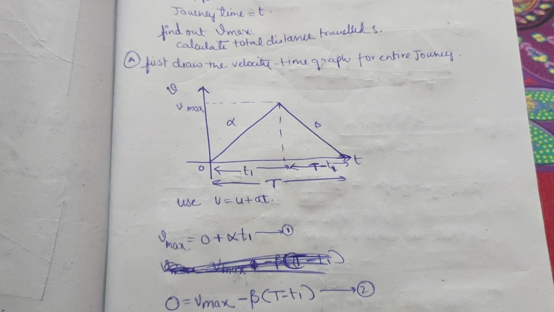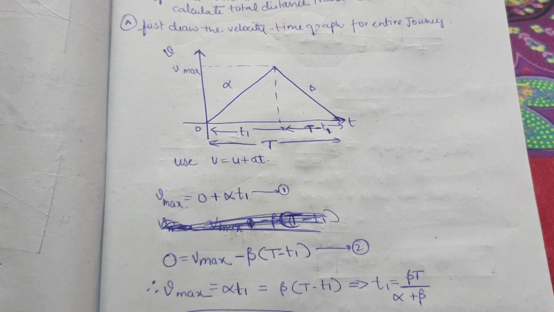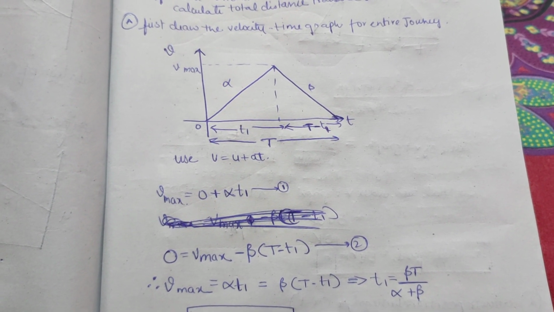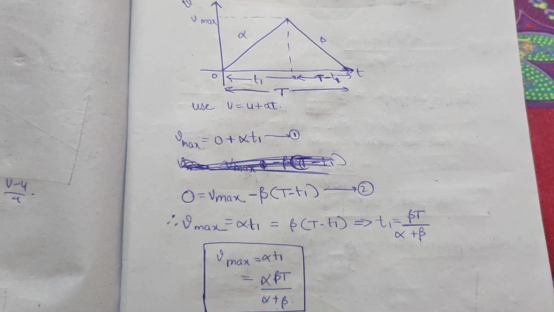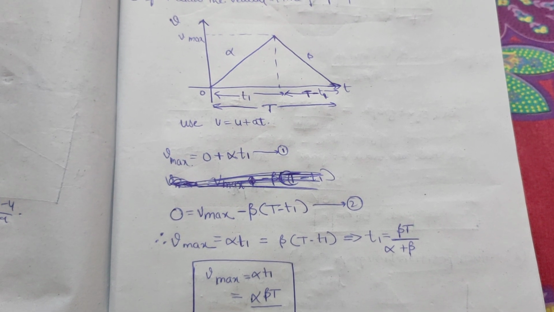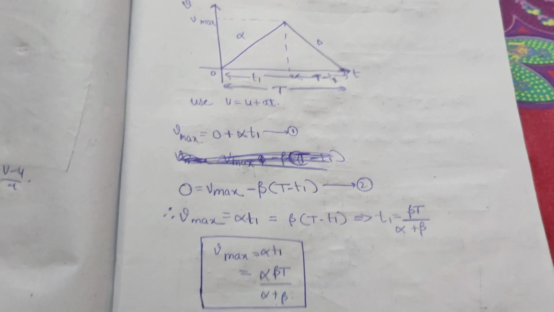Then use v = u + at. V max = 0 + alpha t1, that is the first equation. Then 0 = v max - beta into (t - t1), that is the second. So alpha t1 = beta (t - t1), giving t1 = beta t/(alpha + beta).